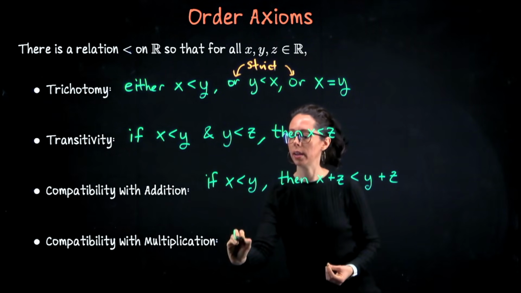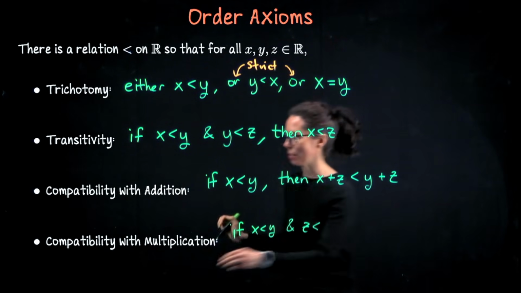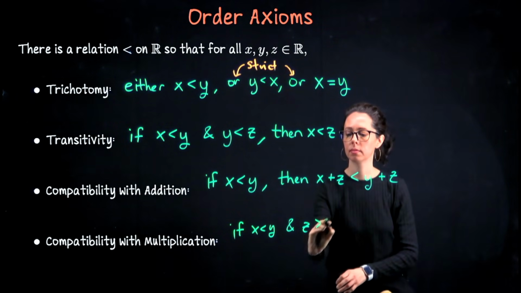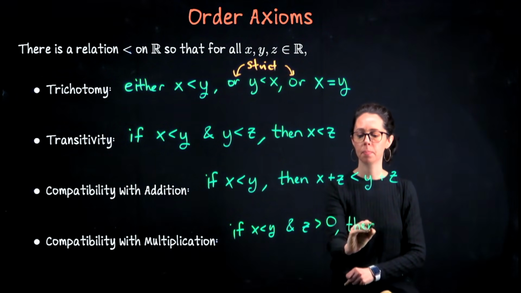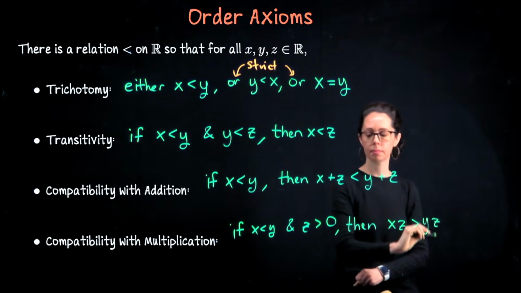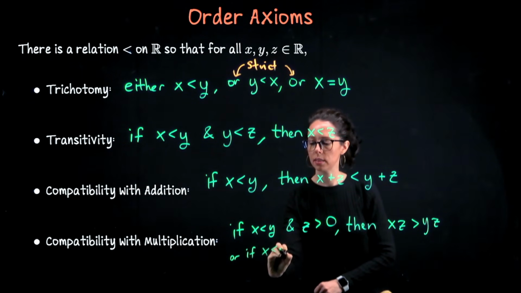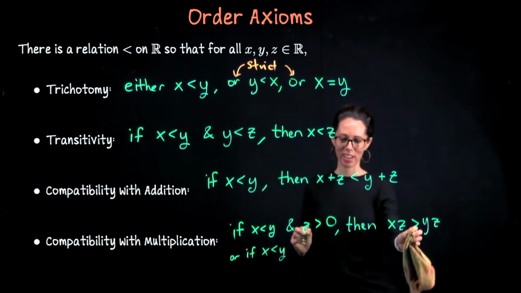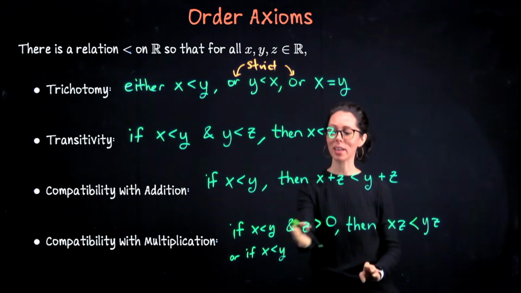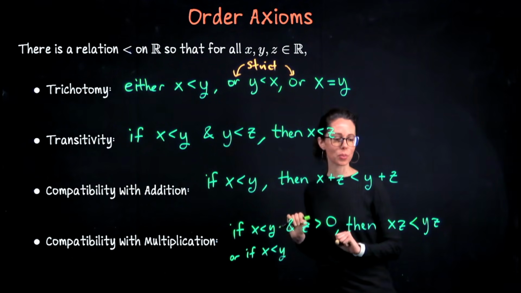If x is less than y and z is greater than 0, then, sorry, let me flip this around. If x is less than y and z is positive, multiplying both sides of this inequality preserves it. So xz is less than yz, that's what I meant to write down.